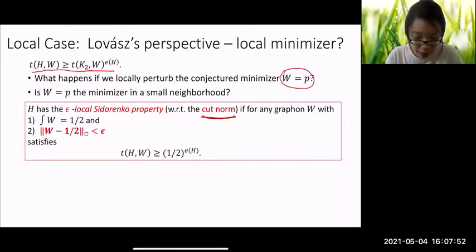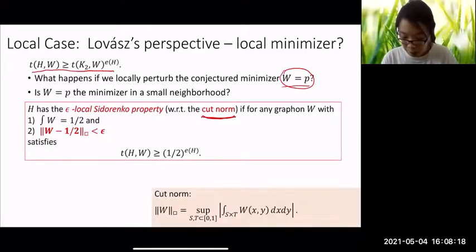Without loss of generality, let's assume p equals a half for now. We say H has the epsilon-local Sidorenko property if, in the neighborhood around W equals p under the cut norm with distance epsilon, W equals p is always the local minimizer.